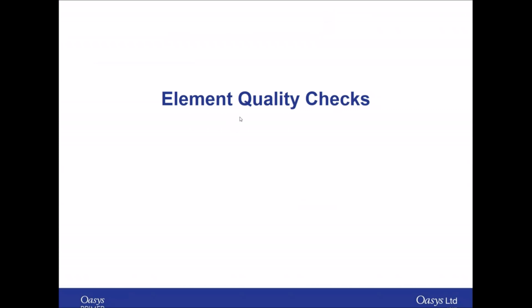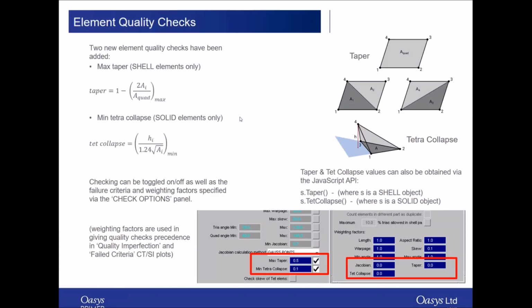Just to talk a little bit about element quality checks. We've added a couple of new element quality checks in version 16. One is max taper, which applies to shell quads. And another one is TED collapse, which applies to solid tetrahedron elements.